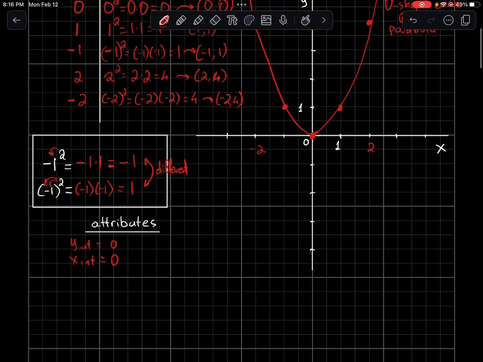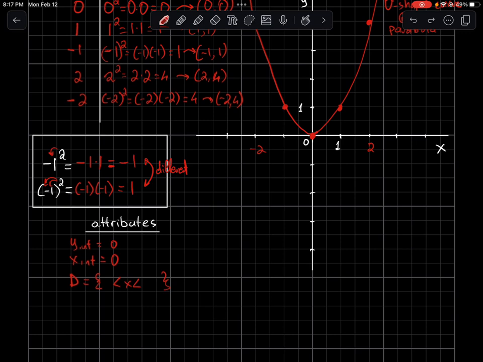Then we have the domain. The domain usually is in that format: some number less than x, less than a number here. So let's see what we put in those positions, and if it's less than or equal to.